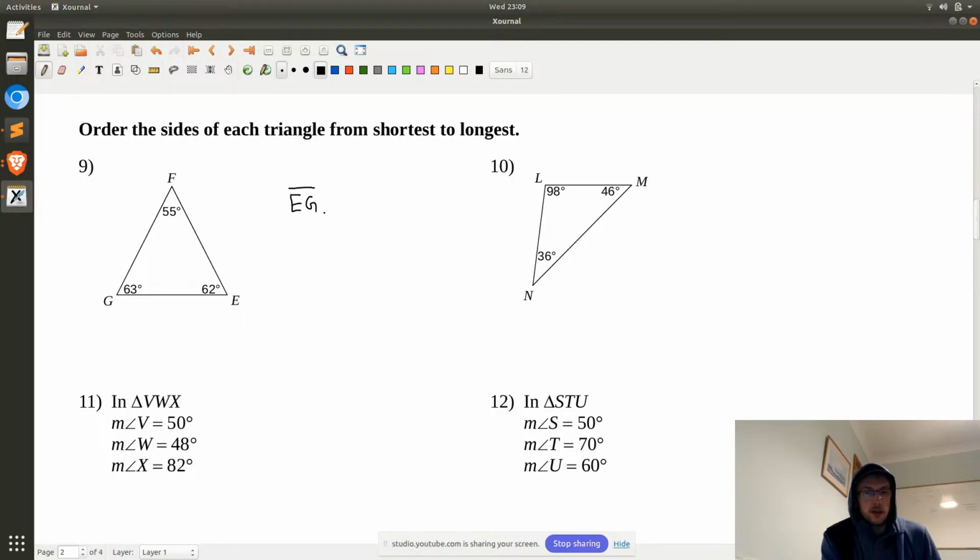EG is the shortest side. FG is the second. And GE, who does that leave? That leaves EF.